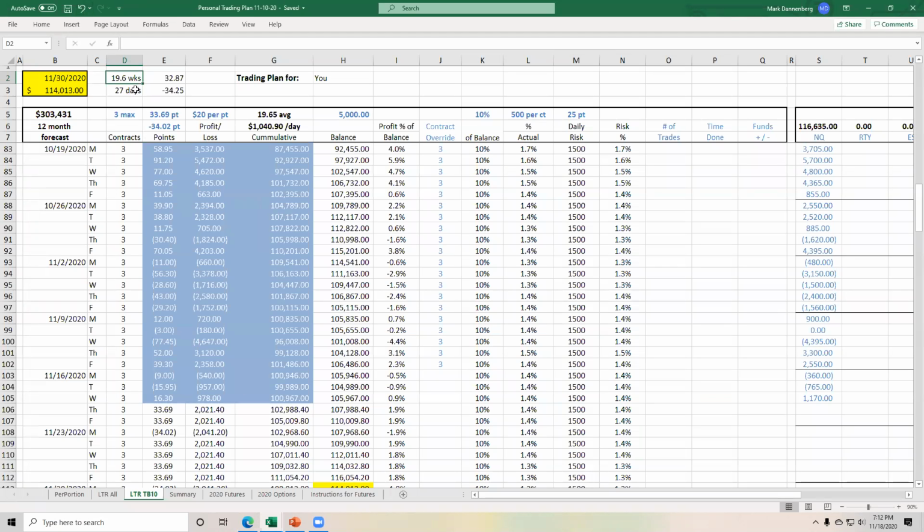All right, so 19.6 weeks out of 52 weeks are complete. We've had 27 losing days in 19.6 weeks. Now that's an important number because we want to know what our average winning day is and what our average losing day is. And these are not just pure averages by taking all of the winning days, totaling it up and dividing it by the number of winning days.